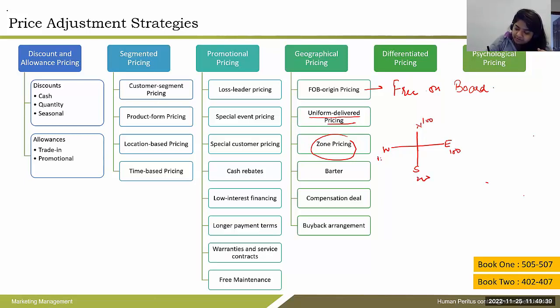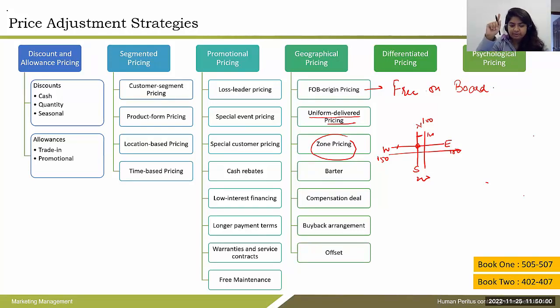West zone, 150. If you are here, I will charge you 150. If you are here, I'll charge you 100. Somewhere in the middle, I will see which is closer, or charge an average of the two. So I've divided the entire region into zones, and every zone has one pricing.